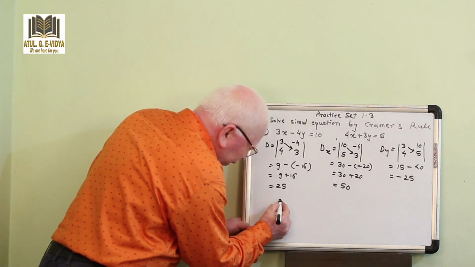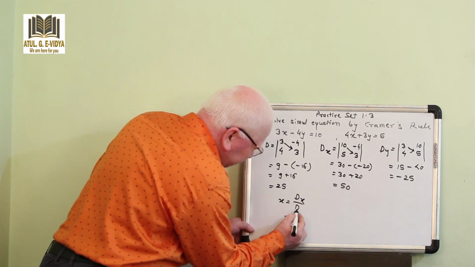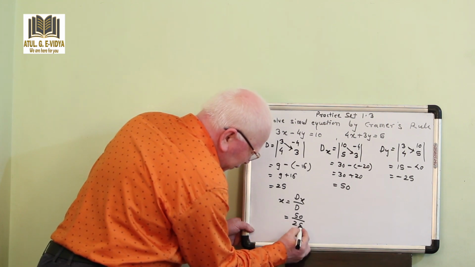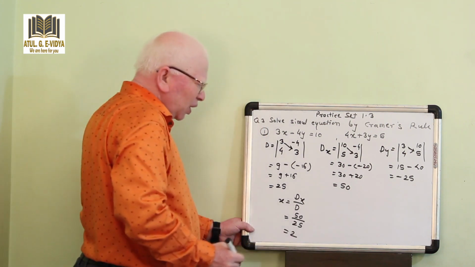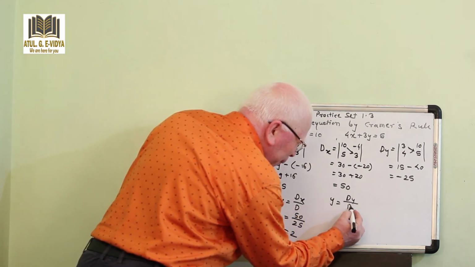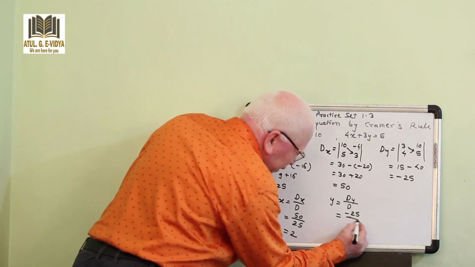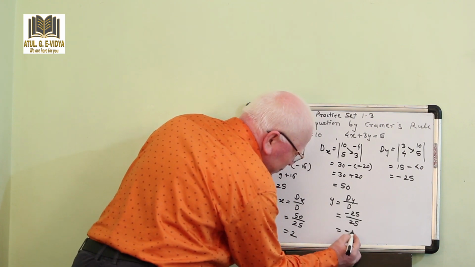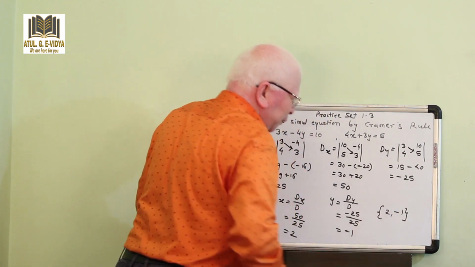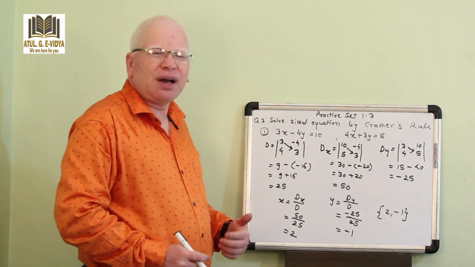Now for x, Dx upon D, 50 upon 25, that is 2. And for y, the formula is Dy upon D, -25 upon 25, hence -1, and the answer is 2, -1. Now students, let us take another example.